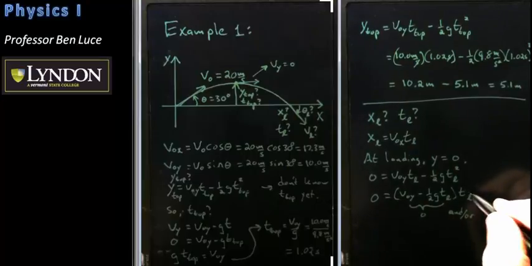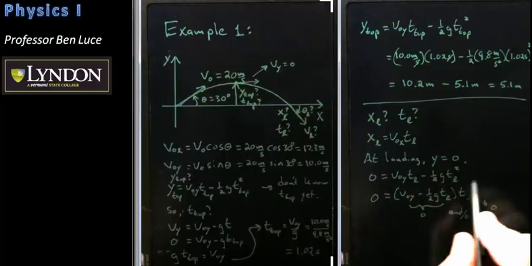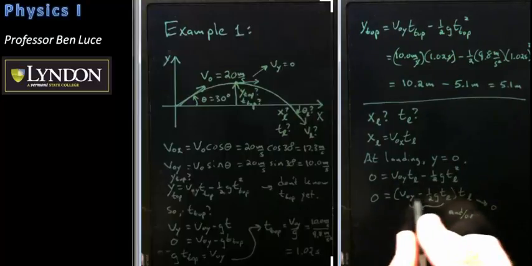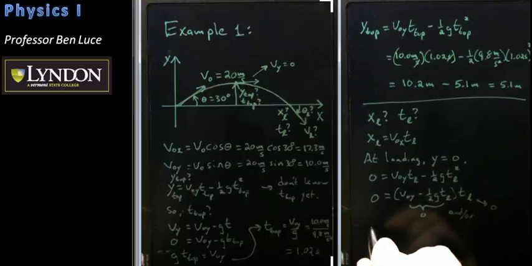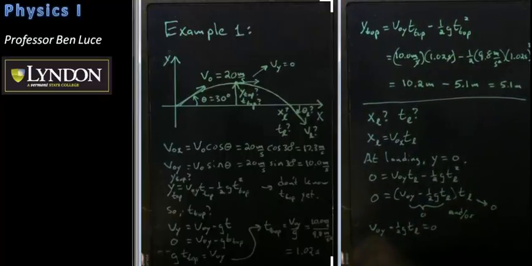Well, TL equals 0 is just the launch time. So it's true that y is 0 there, as this equation asks for, but that's obviously not the time we're interested in. So the root that we're interested in must be from this factor. So now we'll set that part equal to 0 by itself. And now we'll solve for TL. We can do this by adding 1/2 g TL to both sides.